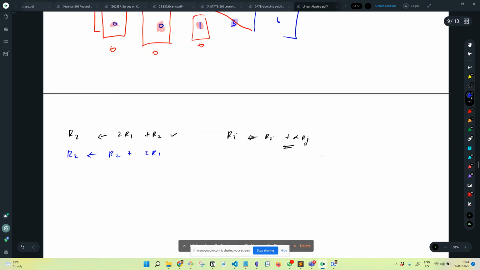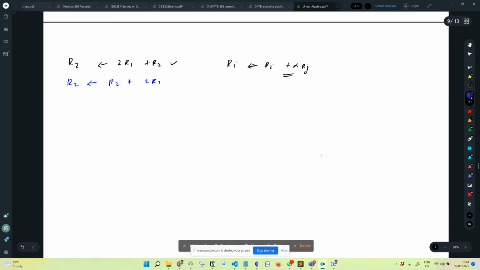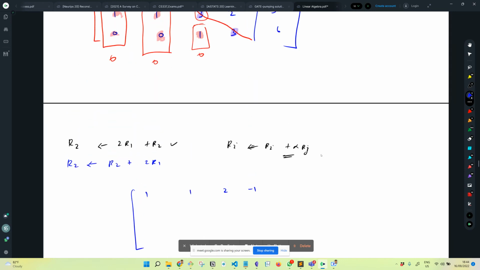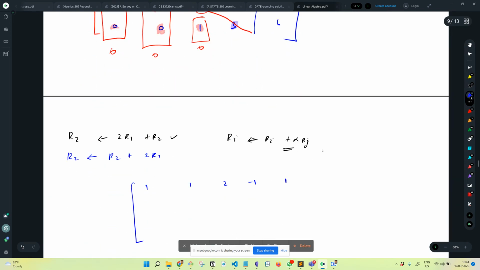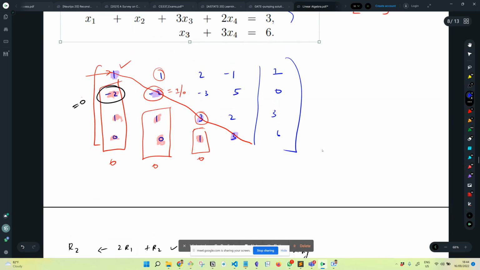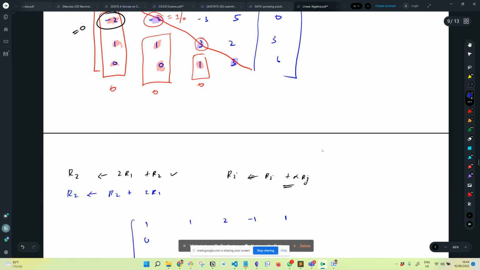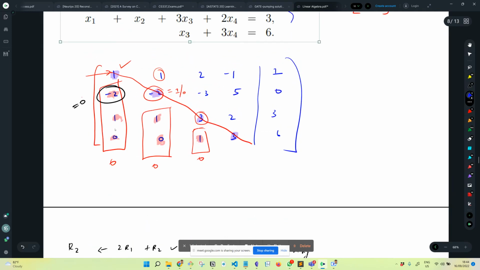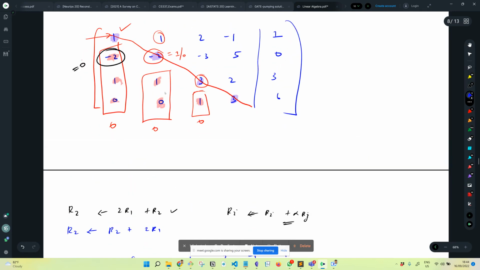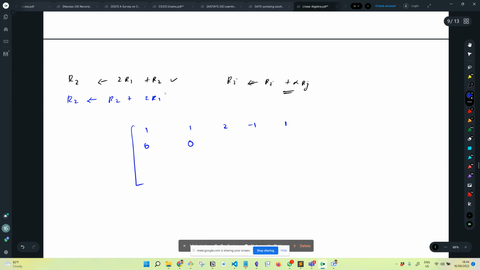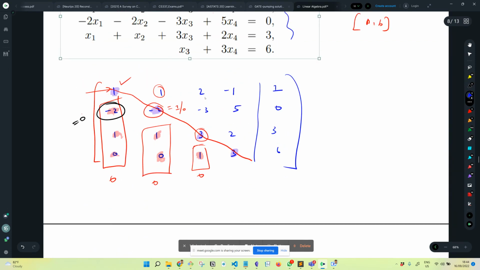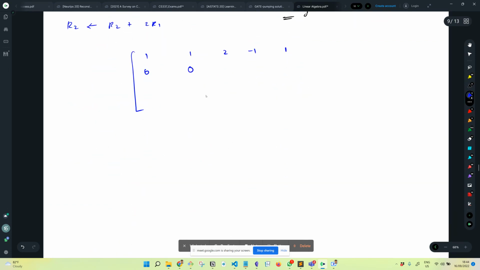Okay, once I do that, what will happen? I will obtain the matrix 1, 1, 2, minus 1, again 1 here. Now, when you apply R2 equals R2 plus 2 R1, you will get 0, then this will again be 0. Then this will be minus 3 plus 4, which will be 1.